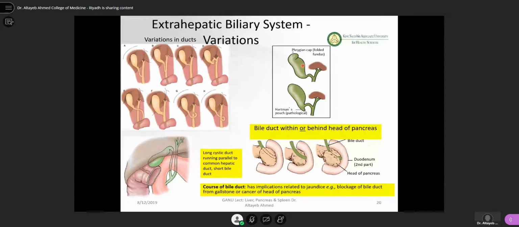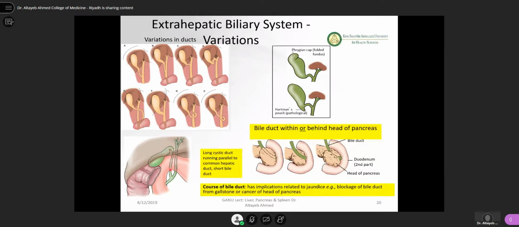This is two conditions. We have what we call a Phrygian cap, and this is usually a folded fundus. And here we have the Hartmann pouch. This is usually pathological and indicates the existence of stone. Okay.